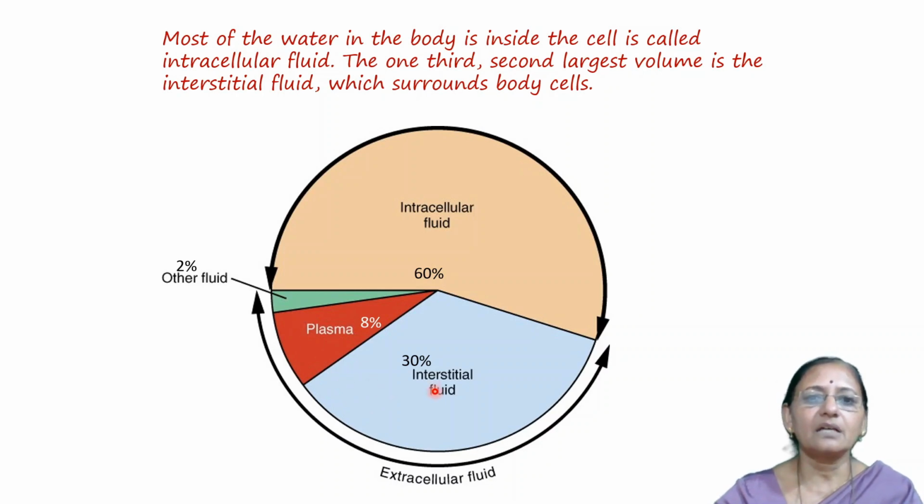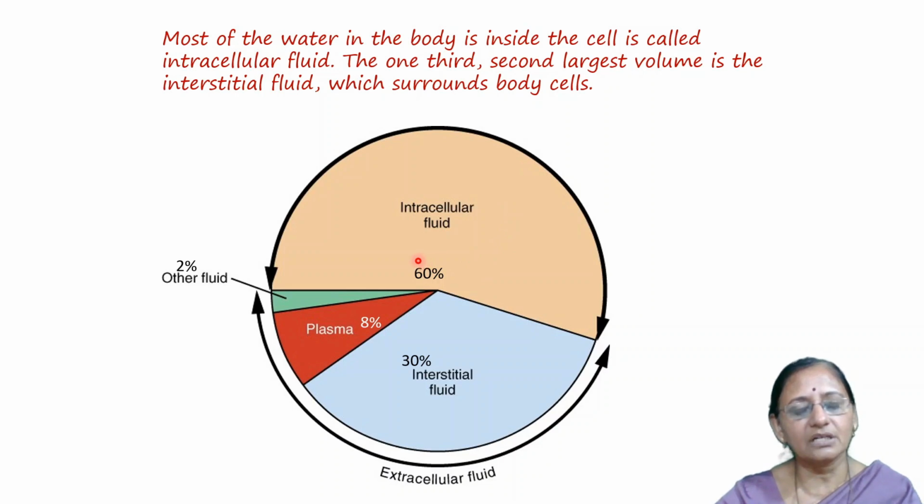Out of that 40% extracellular fluid, the interstitial fluid forms the second largest volume, that is one third. Thus 60% is the intracellular fluid, that is inside the cell.